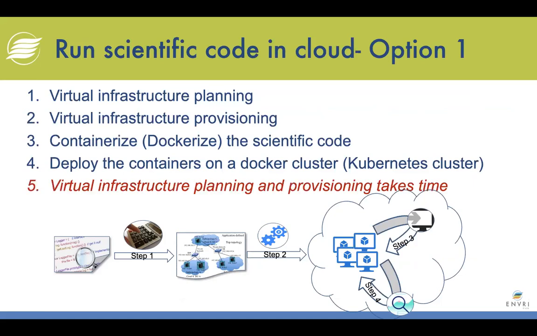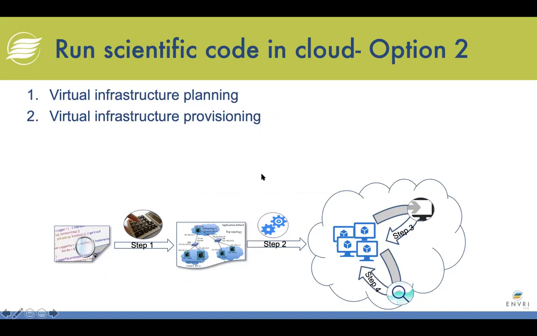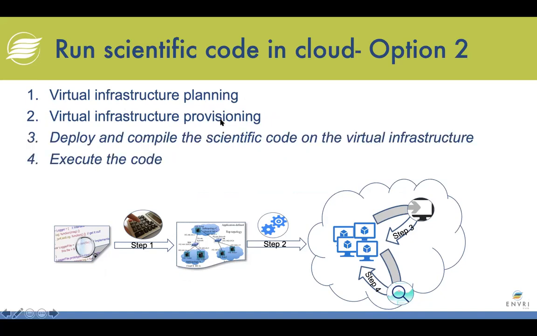But you can always simplify it a bit, because planning infrastructure sometimes takes time. A simple way is, taking a bit of reverse: instead of using Docker, you just get the VMs and provision them, but you don't use any Docker there, and you just directly deploy software.